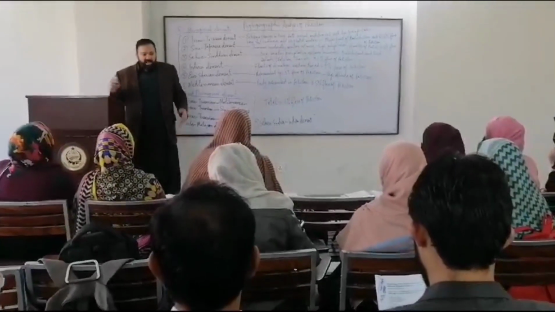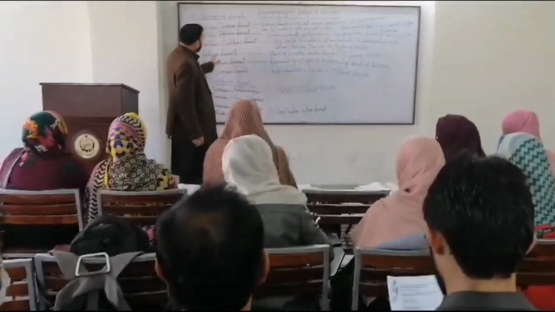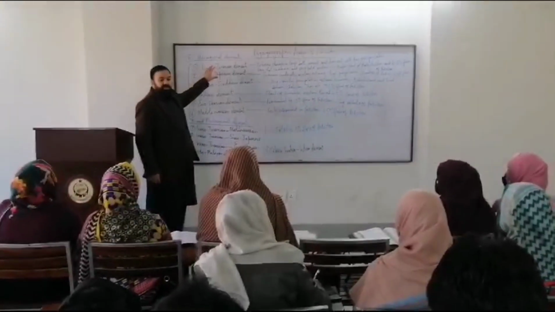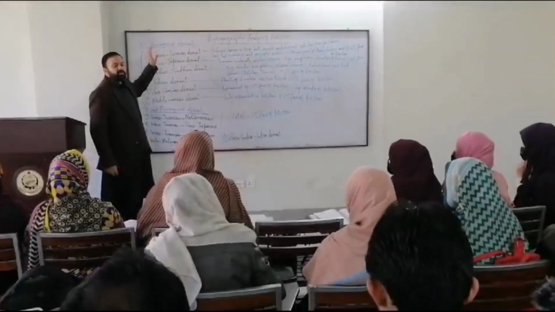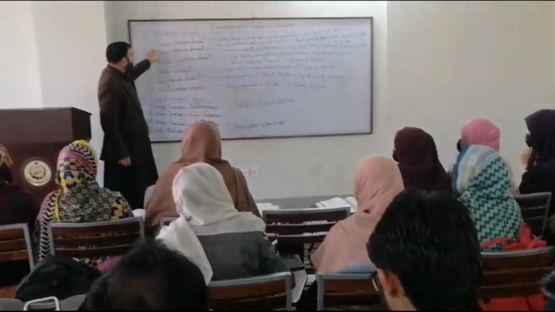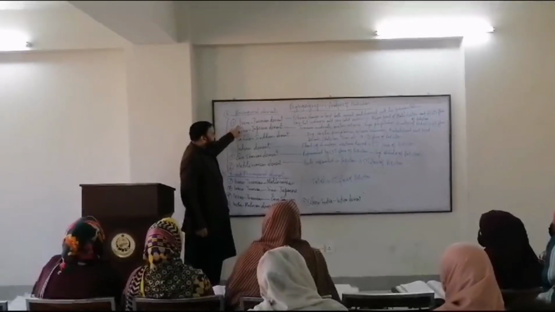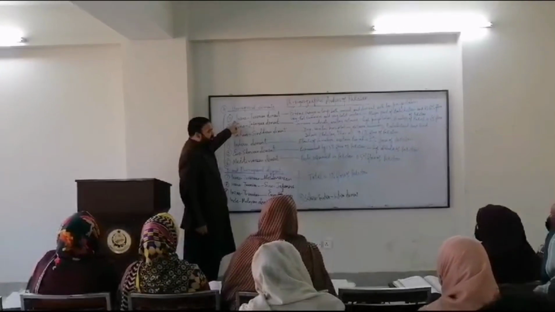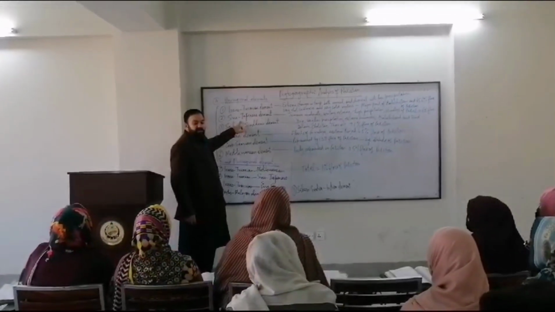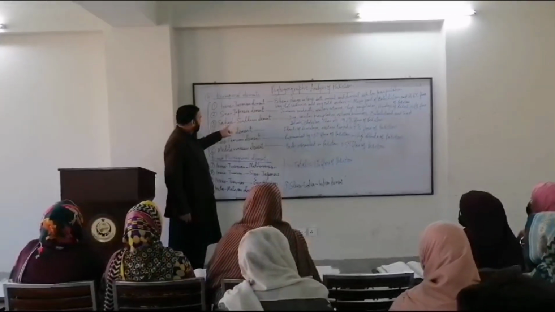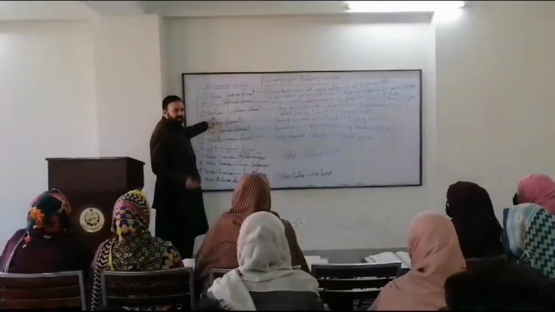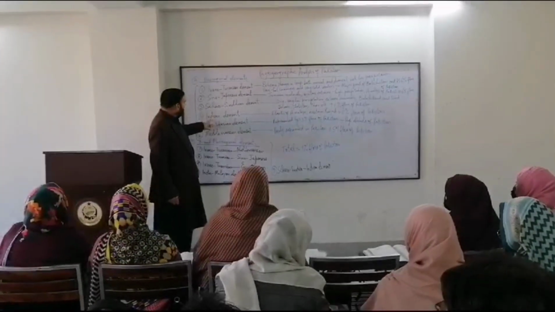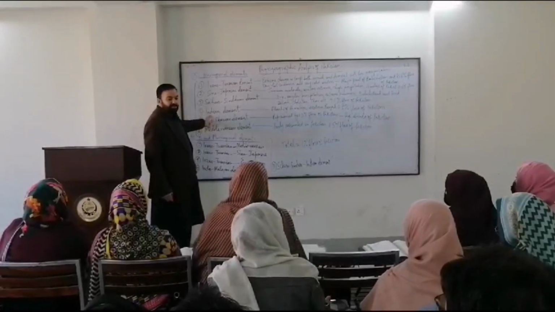I told you in the last lecture that there are four major phytogeographic regions of Pakistan. One is the Irano-Turanian element or region. The second is the Sino-Japanese element or region. Third is the Abyssinian element, also called a region. And the fourth one is the Indian element.